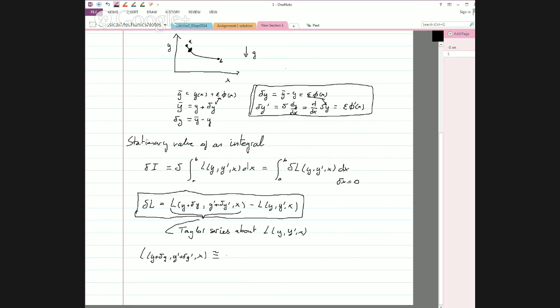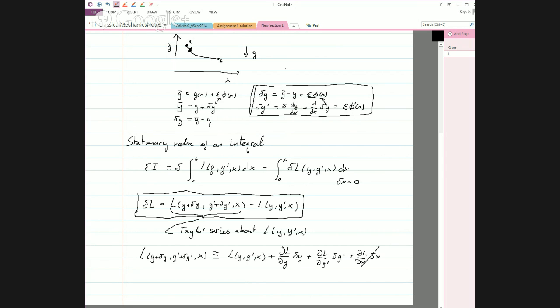So L at y, y prime, and x, and then plus the derivatives times each of the variables. So it's plus di L by di y times delta y plus di L by di y prime delta y prime, and then in principle it's also plus di L by di x at delta x.